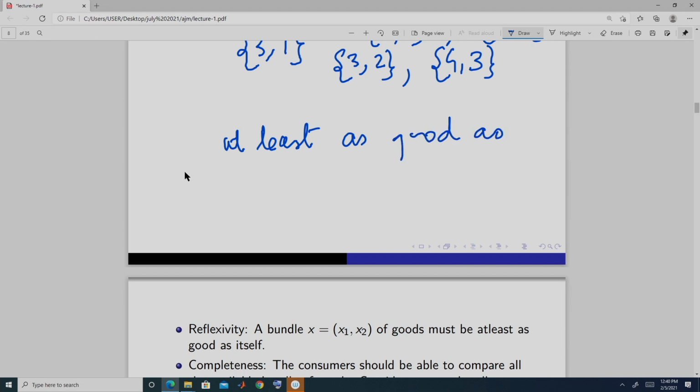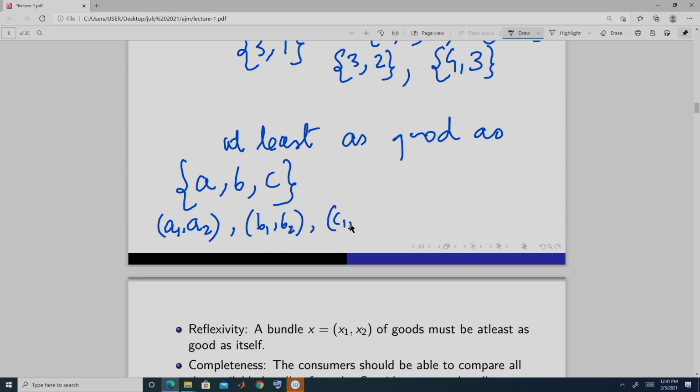Now, suppose we are given a set like A, B and C. This A is one bundle, where A is something like this, B is something like this and C is something like this, right?